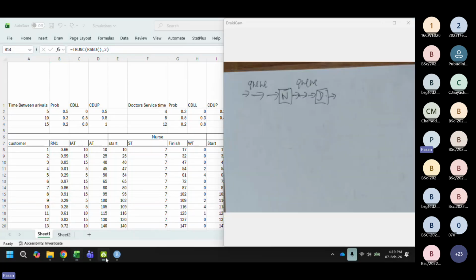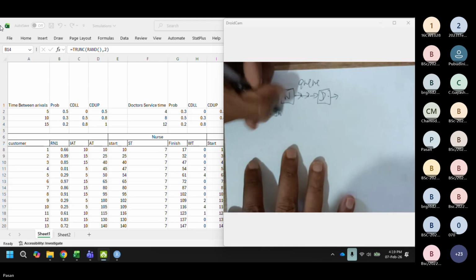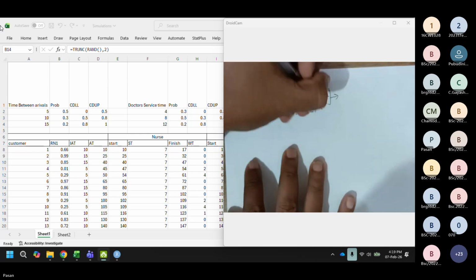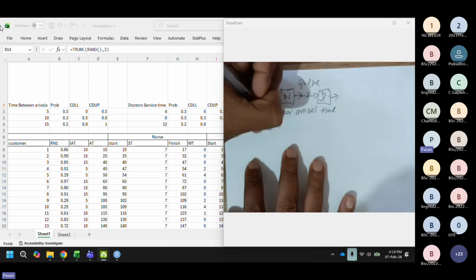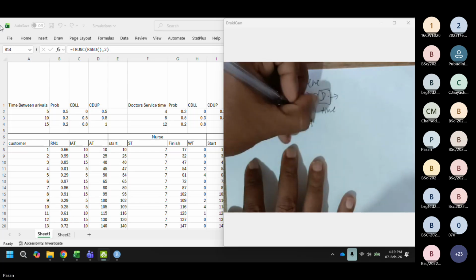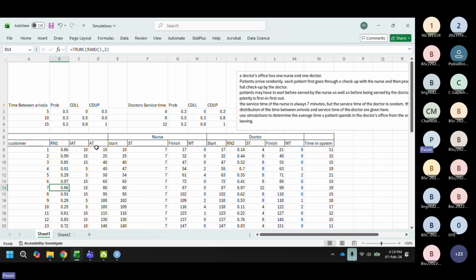Let me write down some of those. And then AT is the actual arrival time. So these are the commands, these variables I'm defining here.